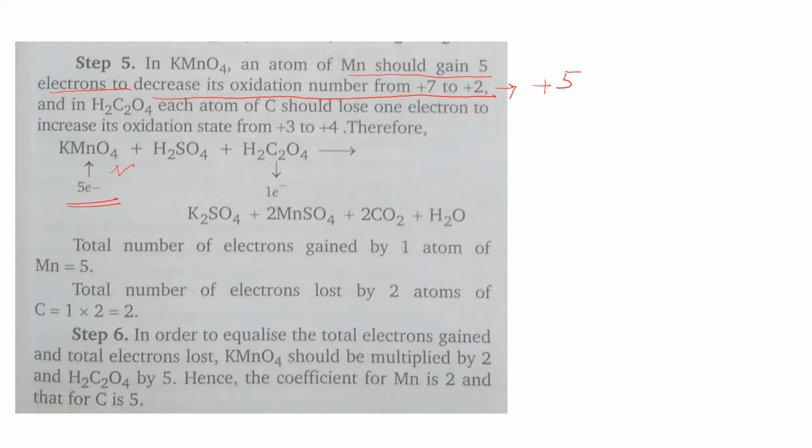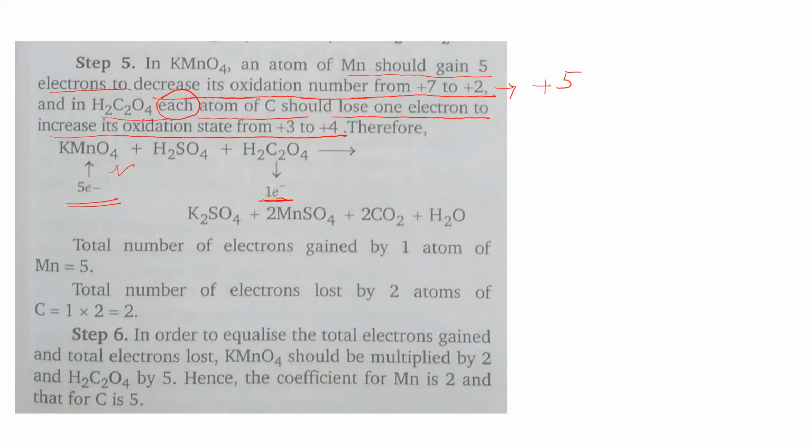But in H2C2O4, each carbon atom should, now this is very important, lose 1 electron to increase its oxidation number from +3 to +4. As we have seen, it is going from +3 to +4, so it is losing 1 electron per atom of carbon. Now here I am having 2 atoms of carbon.